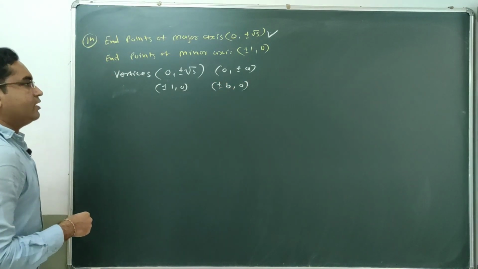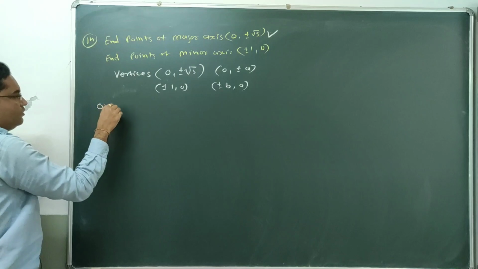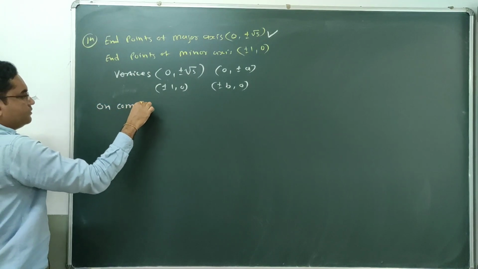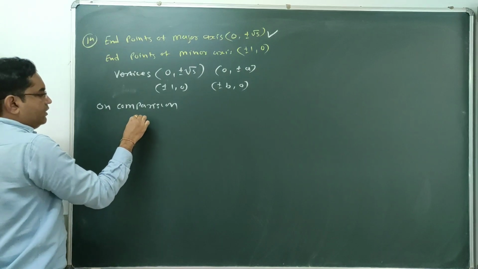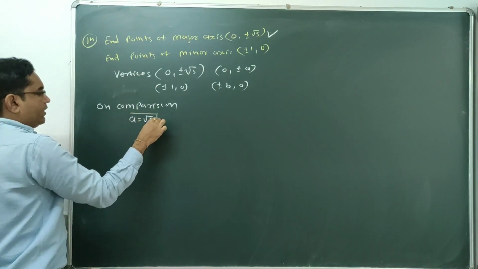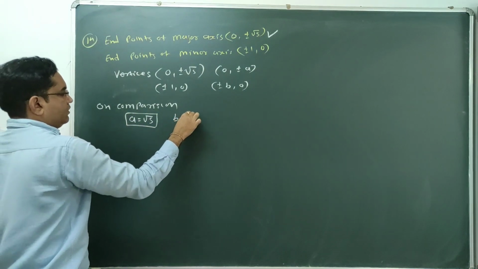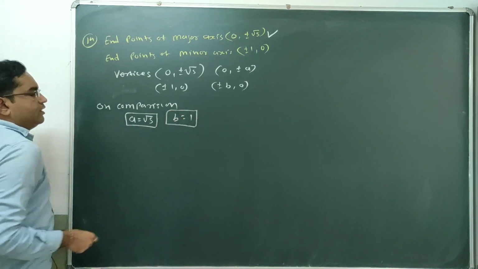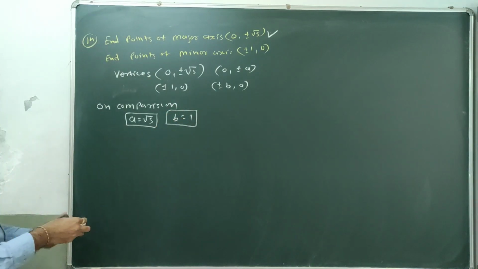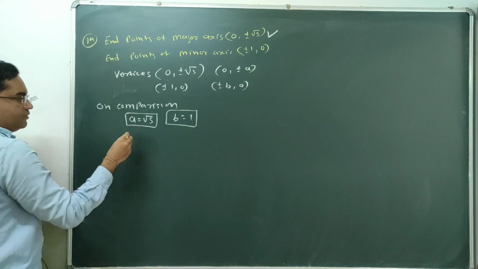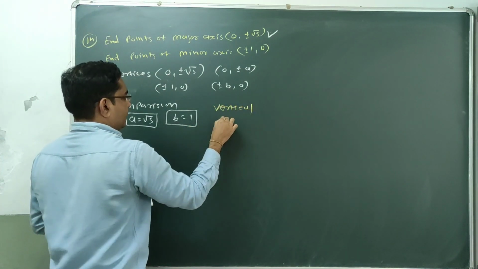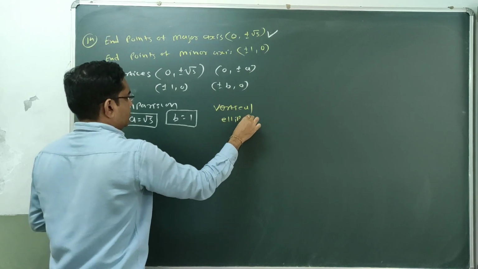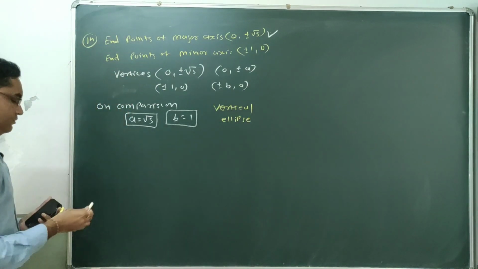So on comparison, we are getting the values of a and b. a will be root 5 and b will be 1. This is the case of a vertical ellipse. So what is the equation of a vertical ellipse?